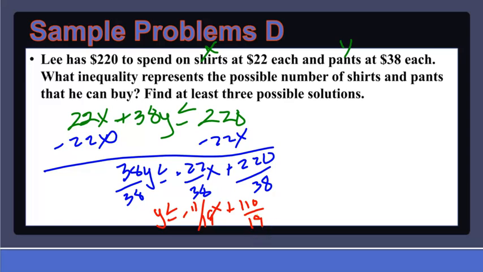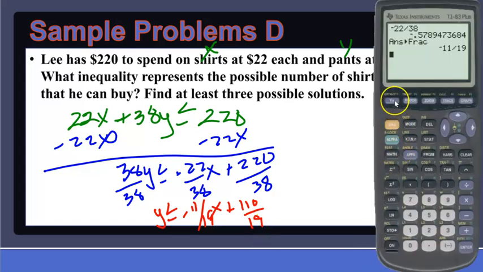So now let's go back to our calculator. I'm going to hit the y equals, and I'm going to have negative 11 divided by 19 x, plus 110 divided by 19.